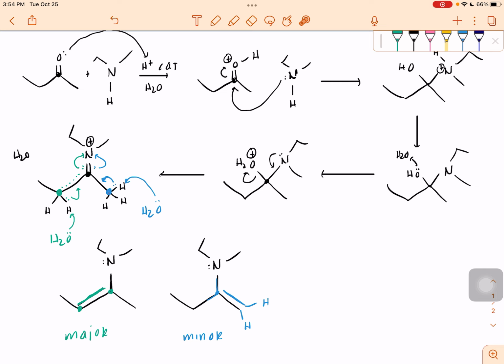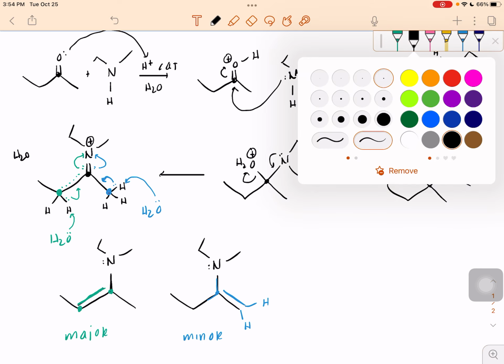And we decided that this one was our major product because our double bond was more substituted than this double bond, because this double bond had one hydrogen substituent, 3 non-hydrogen substituents. But this double bond had 2 non-hydrogen substituents and 2 hydrogen substituents. So that makes this one my major product. And we just formed an enamine.